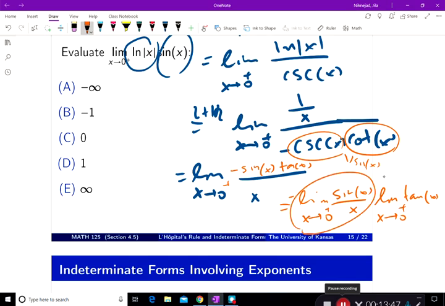This limit is 1. There's a negative sign here. The limit of tangent of x as x approaches 0 is 0. So the entire thing becomes 0.